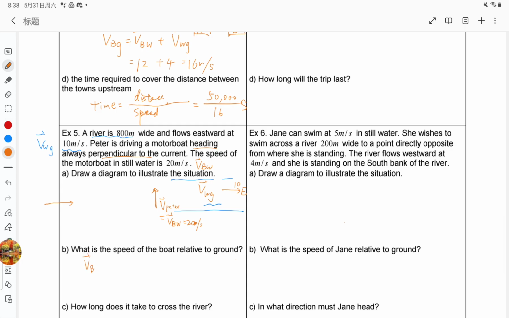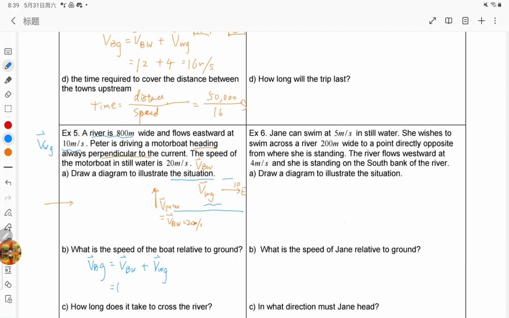For the speed of the boat relative to the ground, we do nothing but plug into our formula. Nothing fancy, nothing new. BG, and then we write the formula right here. Of course we want to do coordinate form, I think it's easier for calculation.